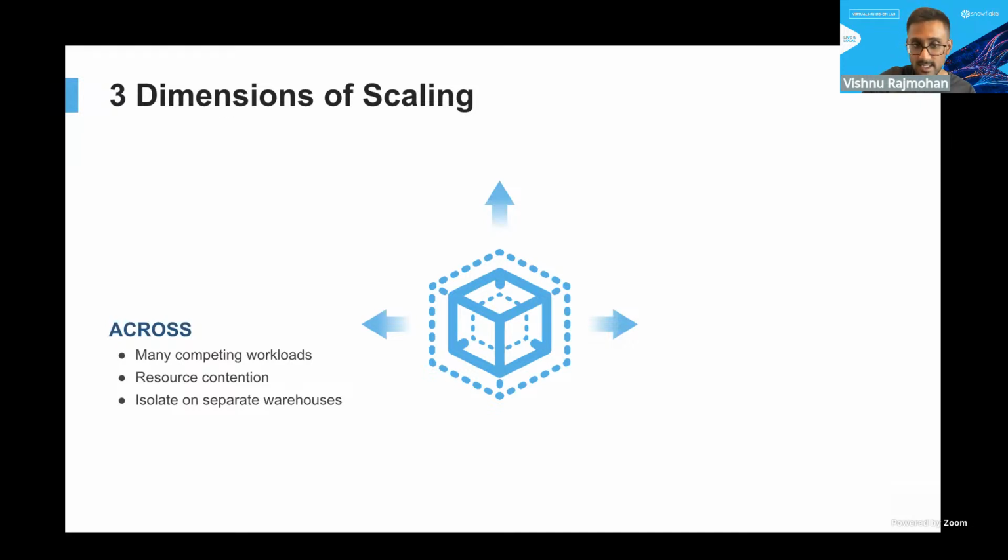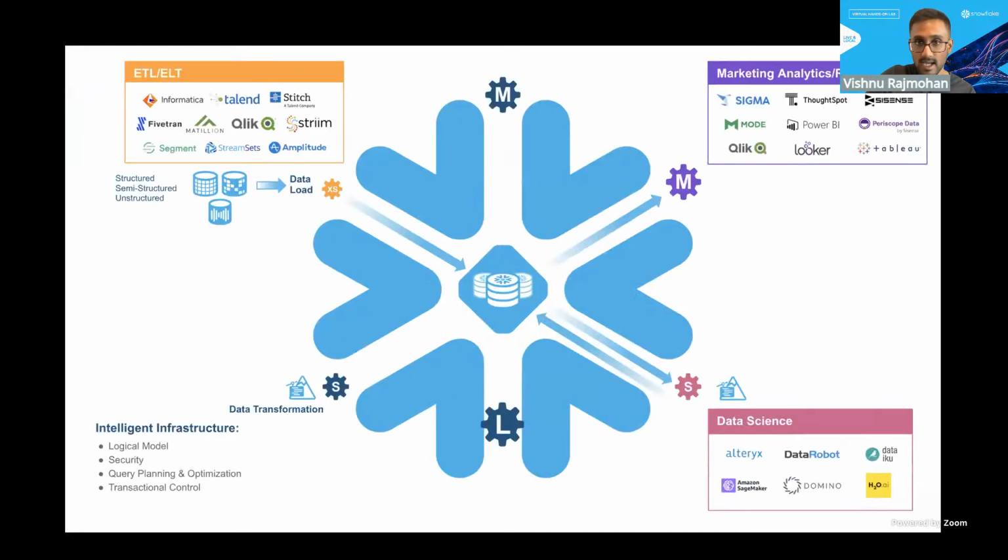What that means is, in a typical business environment, in a typical data platform, you're going to have multiple workloads running. You can have ETL workloads, BI workloads, data science workloads, all pointing into the same single ecosystem, which is the data platform.